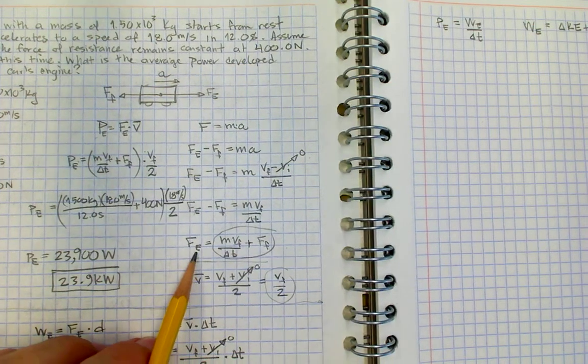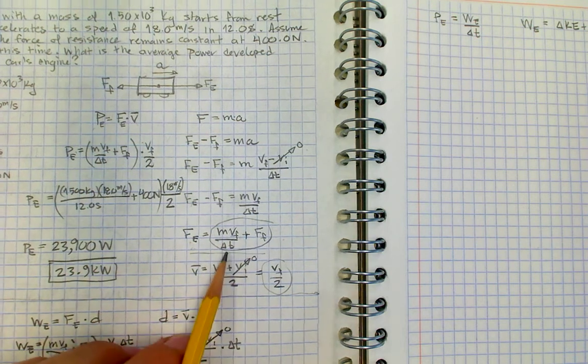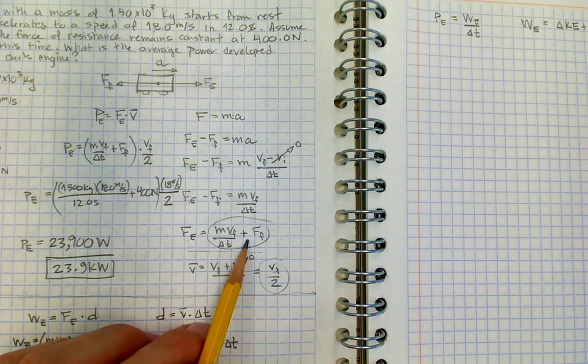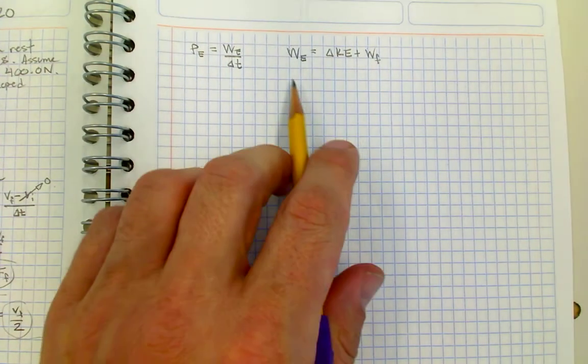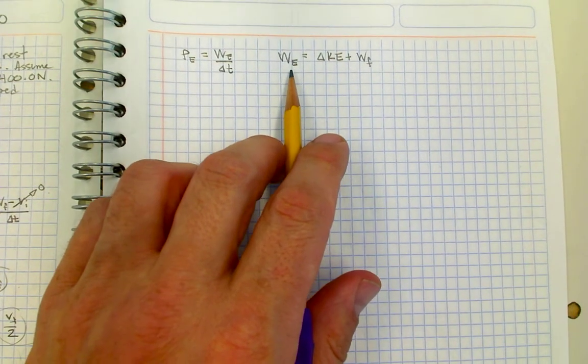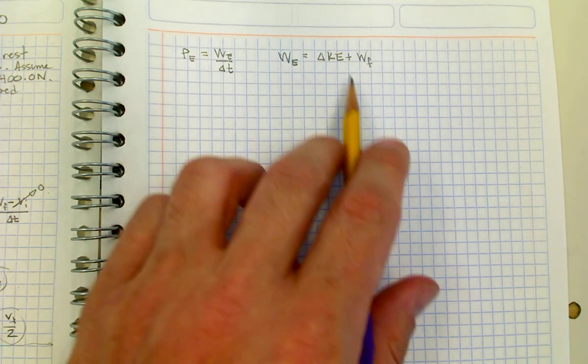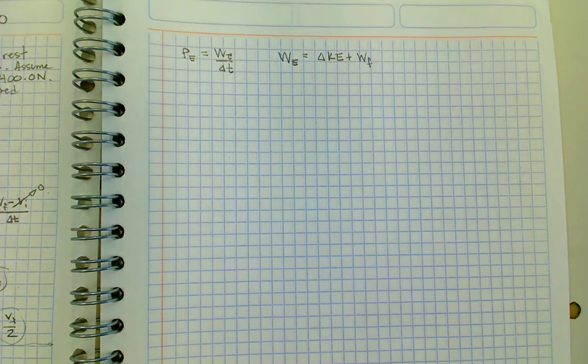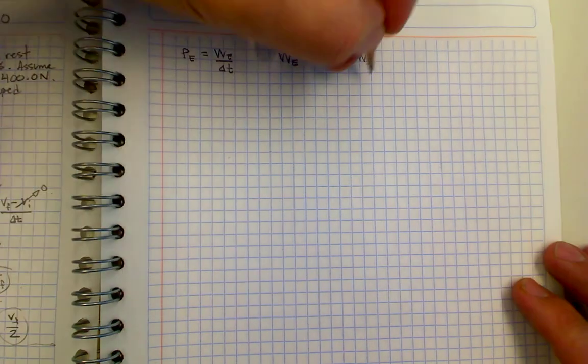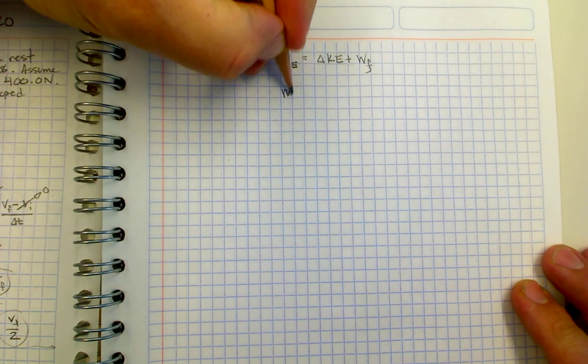The engine force is going to cause acceleration and additionally have to overcome the force of friction. That's what this is doing too. This work that is being done results in an increased speed of the car plus the work done against friction.